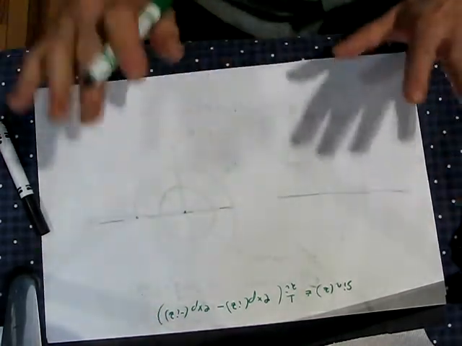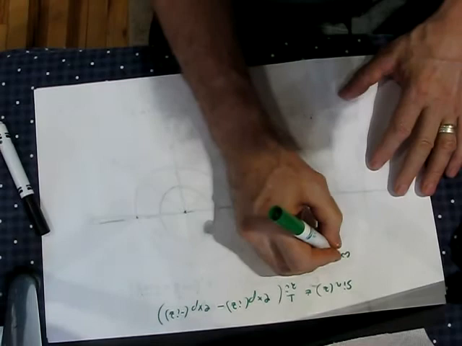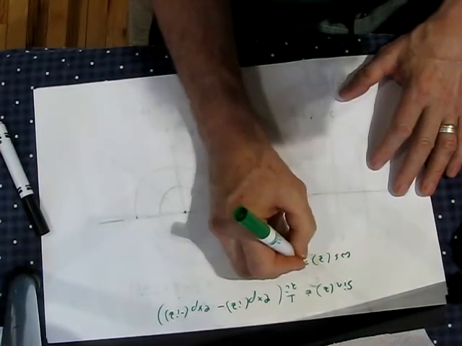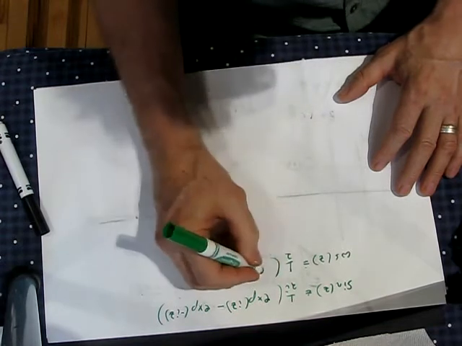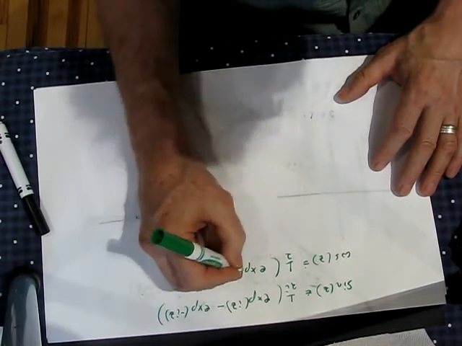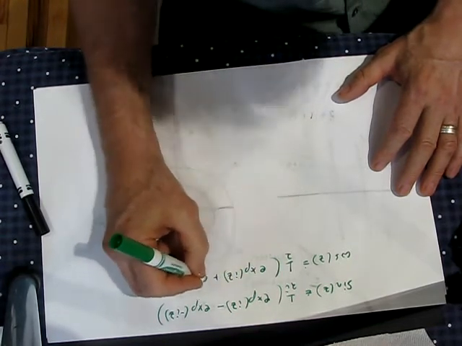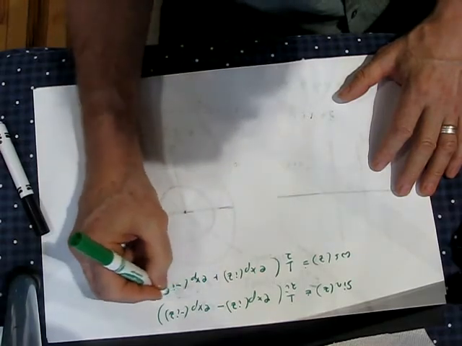Seems like a very strange definition. And we're going to define cosine of z to be 1/2, not 1 over 2i, times the exponential of iz plus the exponential of minus iz.